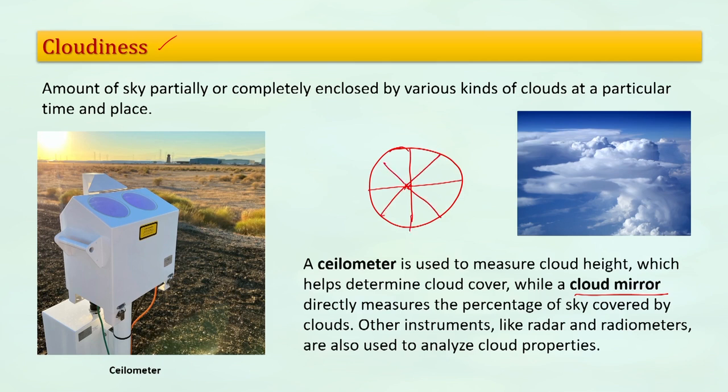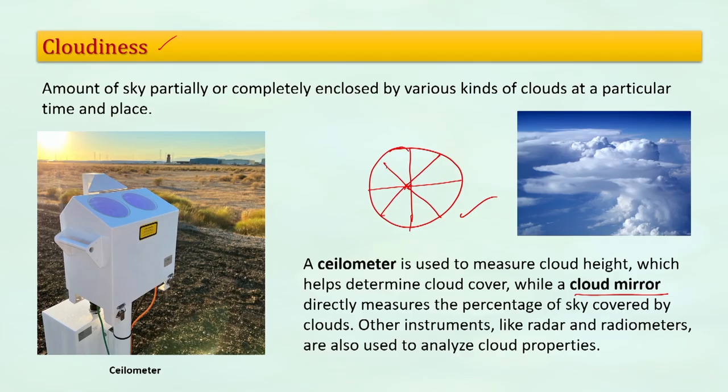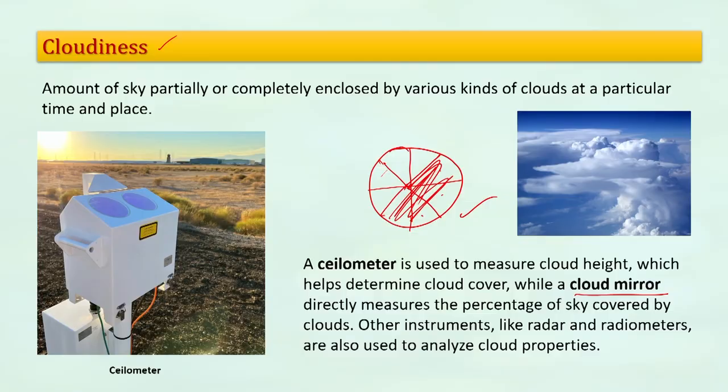Using this glass, the cartographer or geographer or meteorologist will look at the sky, at the cloud. If all the 8 boxes are covered, then full cover, 100% cloud cover; or only 4 boxes are covered, 1, 2, 3, 4, then 50% cloud cover. Like that, the meteorologists were measuring the cloud cover.